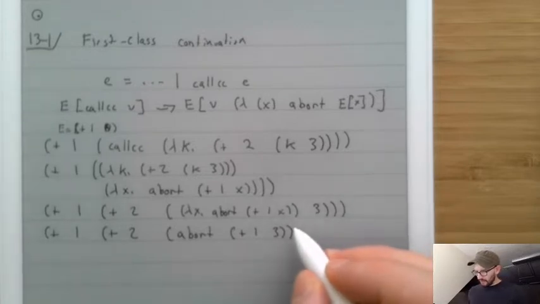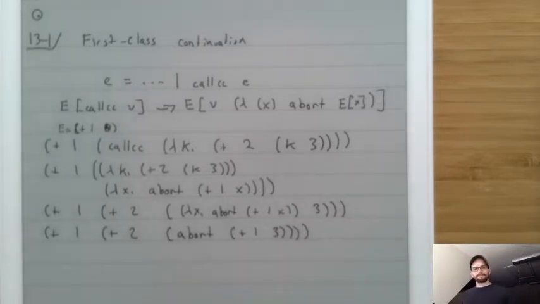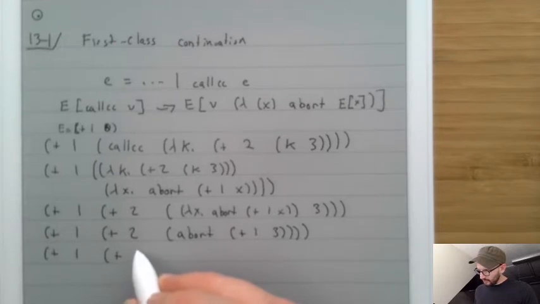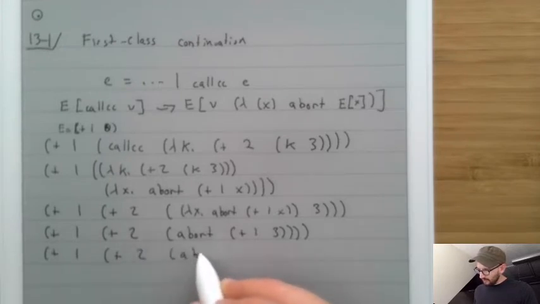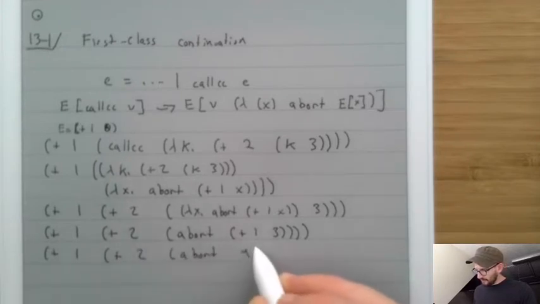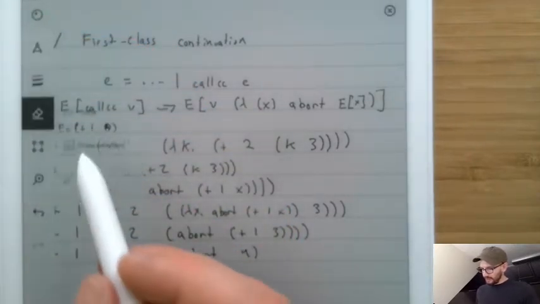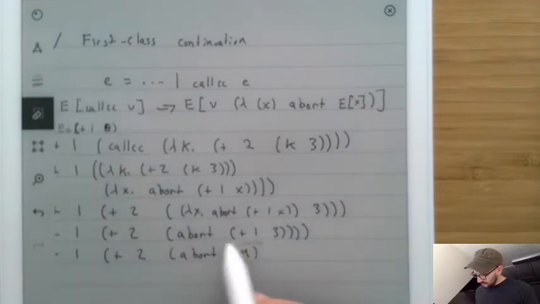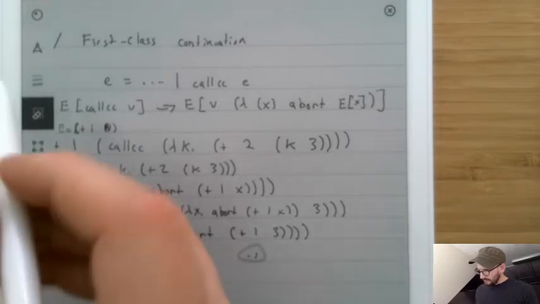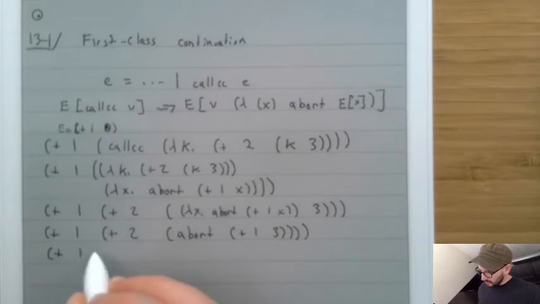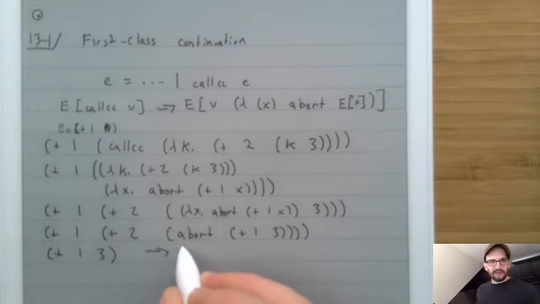Close the abort, close the plus, close the plus. Now we're going to reduce that to 4. So we get +1, +2, and then we have abort 4. Actually, sorry, abort is not an evaluation context. Okay, so then this evaluates to +1, 3, which then evaluates to 4.